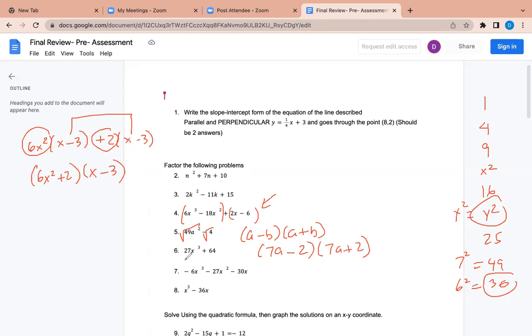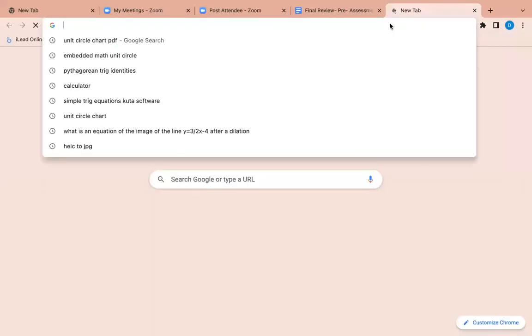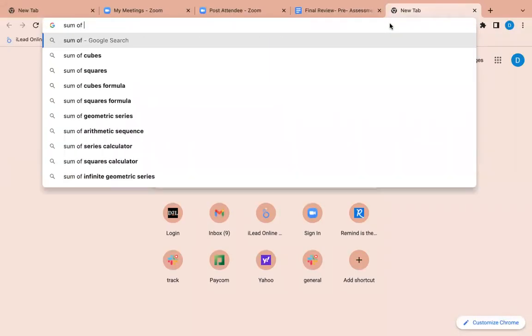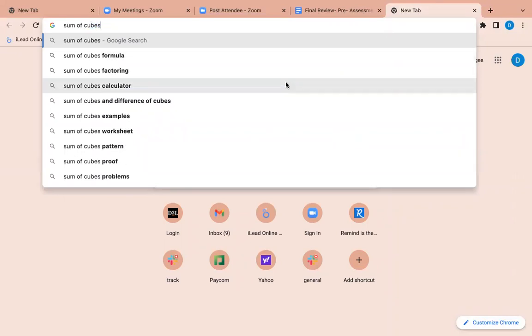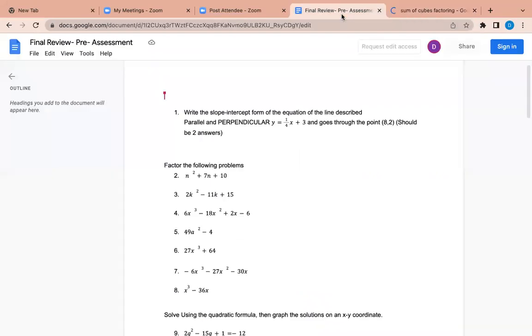Okay. Number 6 is the sum of cubes. Let me just look at that formula real quick just to make sure. I think it's plus. Yeah, it'd be plus minus plus.